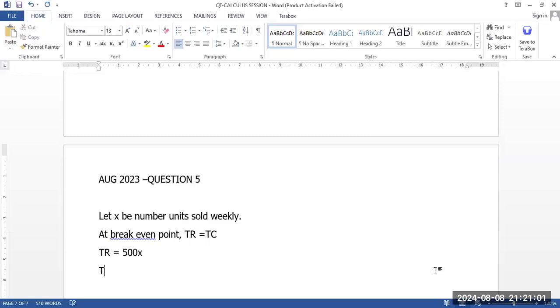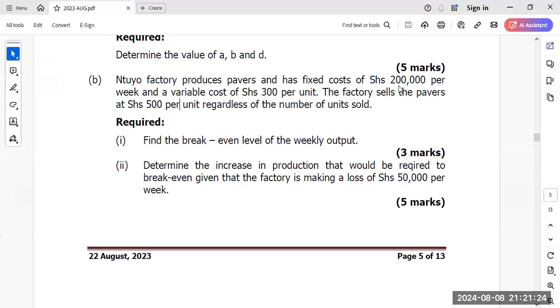Then the total cost is equal to fixed costs plus variable costs. And the fixed costs in this question are 200,000.